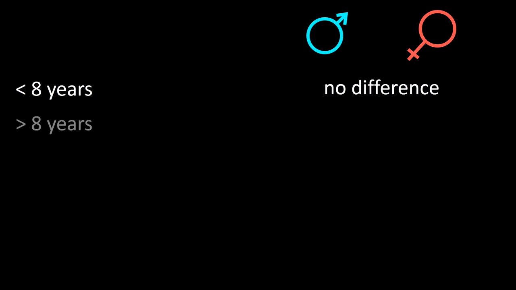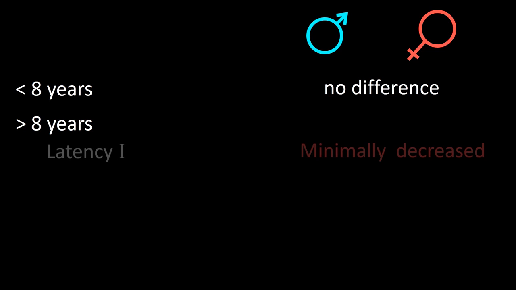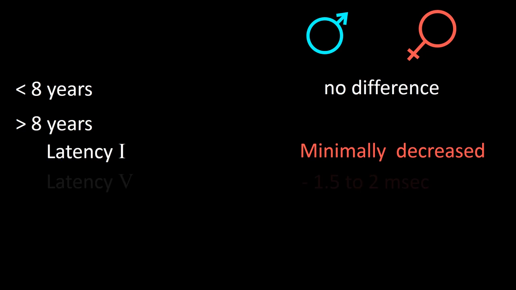Males and females do not show any difference in brain auditory evoked responses wave before 8 years of age. After 8 years of age, latency to wave 1 is minimally decreased in females.